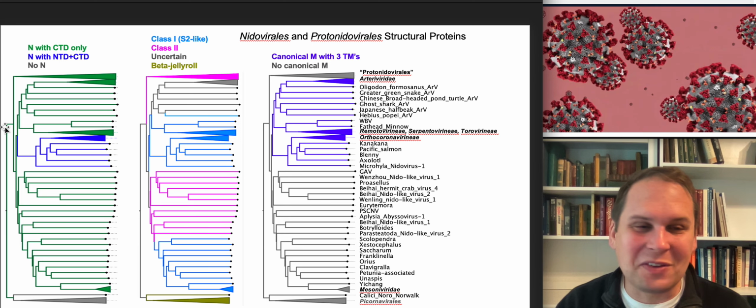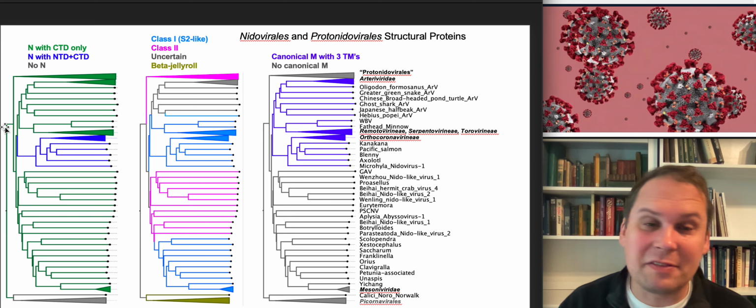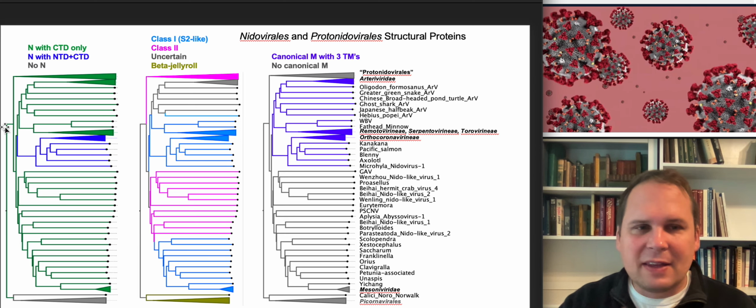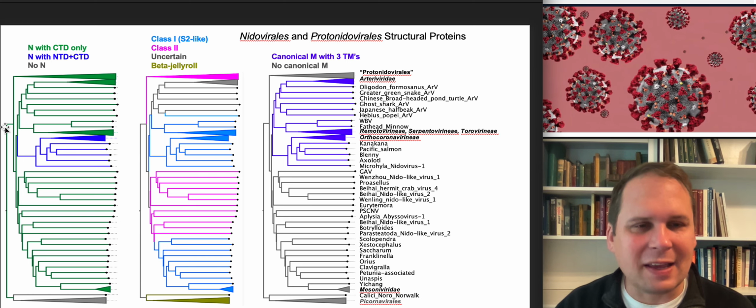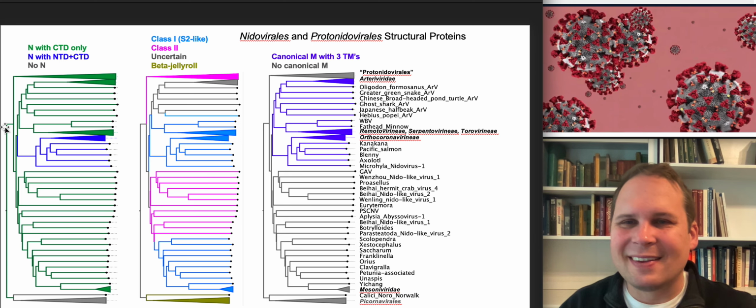It's just logic, and it's hard to go back and actually prove, but you look at enough of these genes and you can start to build up a picture of corona-like virus evolution.